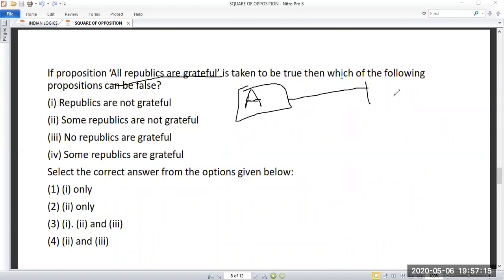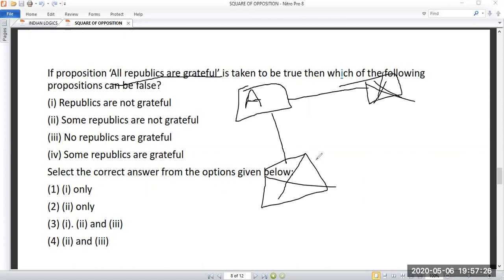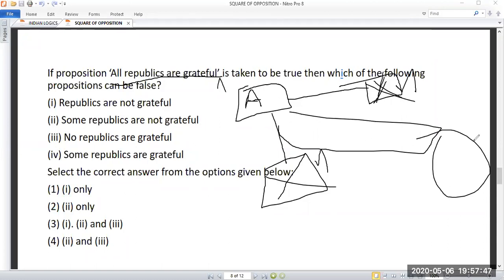If universal is true, then this is true. This one also can be true, because "all republics are grateful" means "no republics are grateful" can be true. But if you take the exact opposite, the some-not case cannot be true. So you can leave this some-not case. So 2 is eliminated here. So 1, 3 and 4.